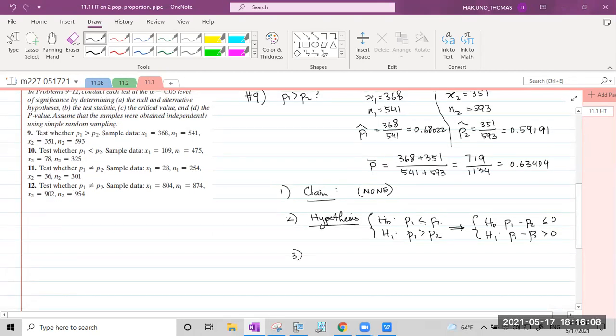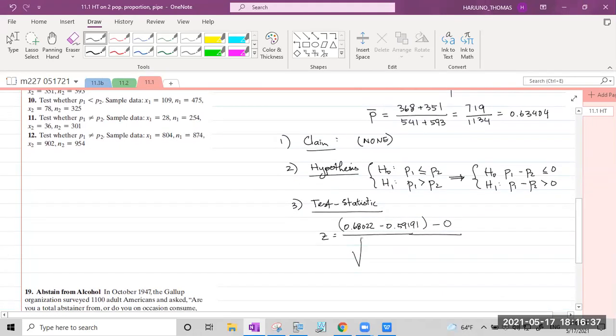Okay, step 3, test statistic. Z equals P1 hat 0.68022 minus P2 hat 0.59191 minus 0, over the square root of P bar 0.63404 times Q bar over N1.